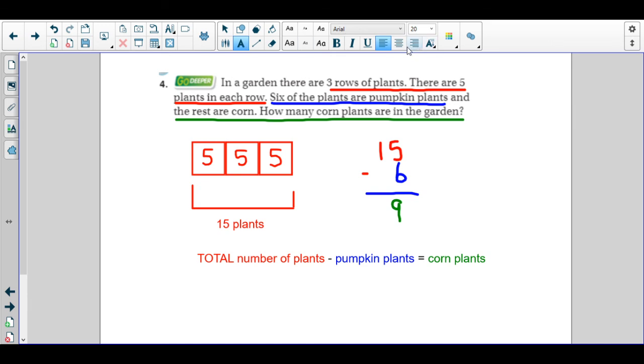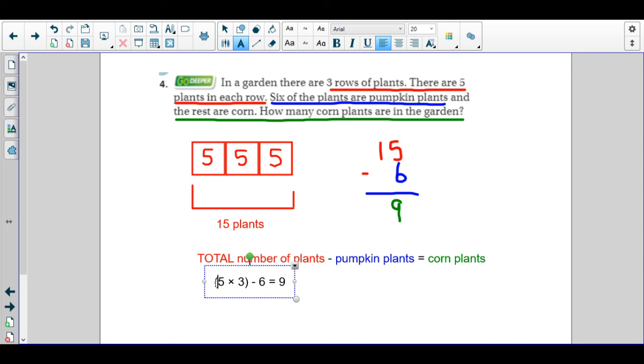So what will that look like? Well, the total number of plants, we had 5 groups of 3. Okay, so 5 times 3. And we were going to subtract the number of pumpkin plants, which we know to be 6, which is going to give us 9.